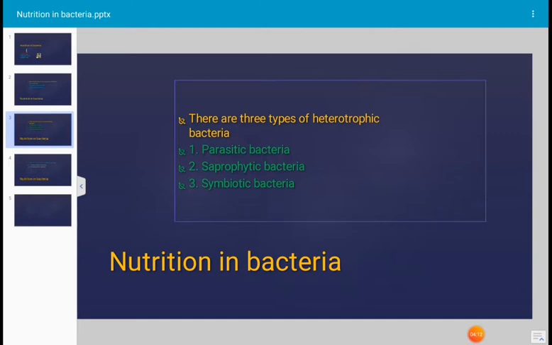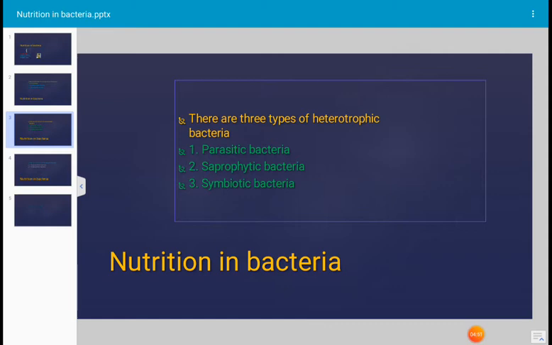Now let us see symbiotic bacteria. Bacteria like Rhizobium leguminosarum, Rhizobium, it is a type of bacterium which occurs as a symbiont in root nodules of leguminous plants. The root nodules of Leguminosae family plants contain Rhizobium bacteria, which can fix atmospheric nitrogen that is supplied to the host plant on which it has grown, and the plant protects the Rhizobium.